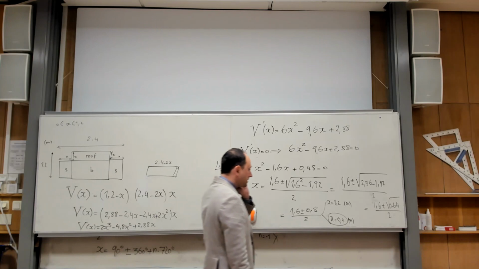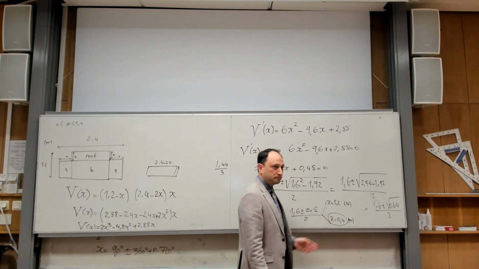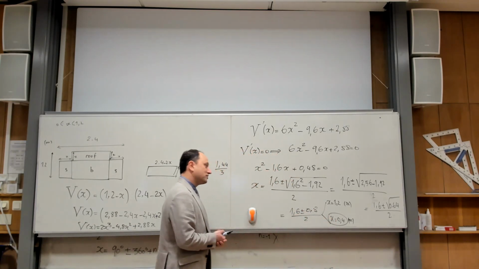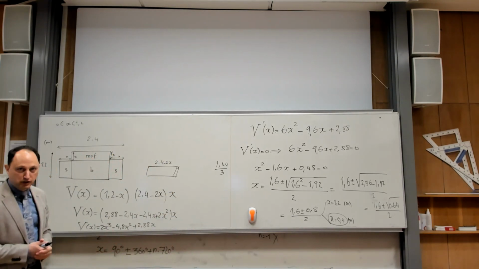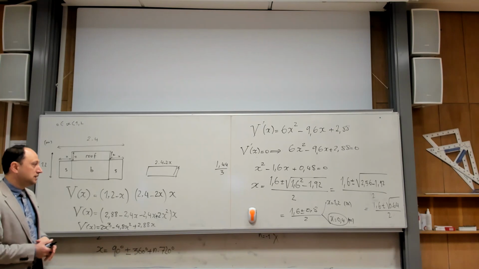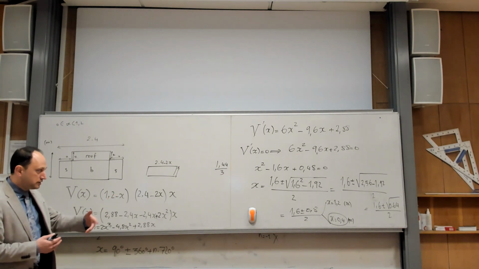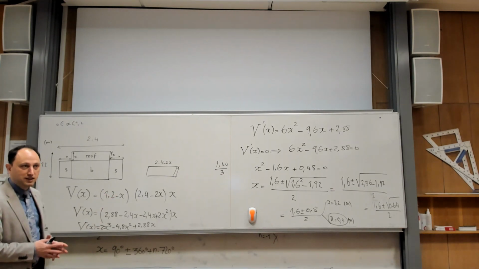But if they ask you about the maximum volume, you can also check, if they really want to motivate that this number is the maximum, not a minimum. Then what you have to do, I don't know which one they are using, because you can use the derivative tests to check that this is indeed a maximum.